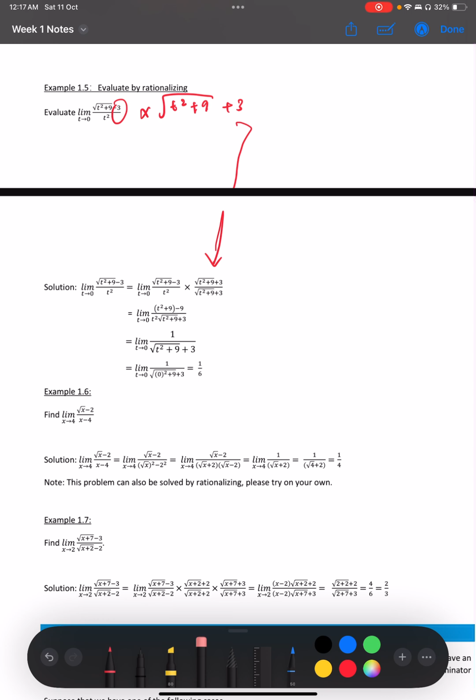So when you multiply with its conjugate, the square root will be removed, so you will get this part. If you don't believe it, you can multiply it one by one, like square root of t squared plus 9 multiplied with square root of t squared plus 9 plus 3.